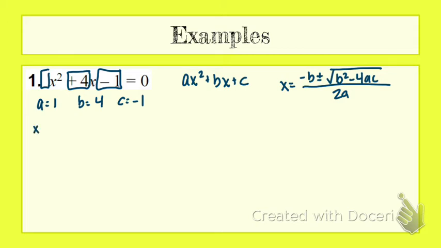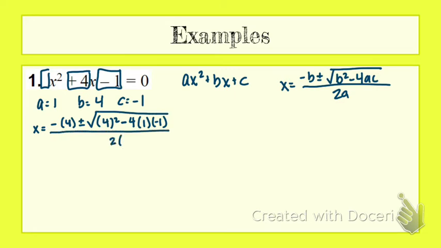So we're going to get x is equal to -b plus or minus the square root of b squared minus 4 times a times c, all divided by 2 times a. And you can see that as I went, I put parentheses around every substitution, and I just put these numbers in for their variable.